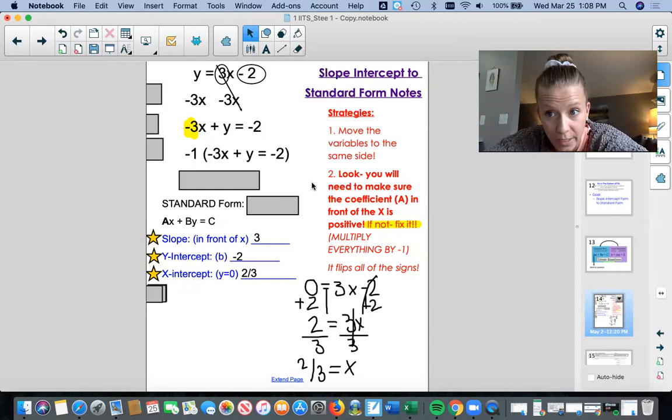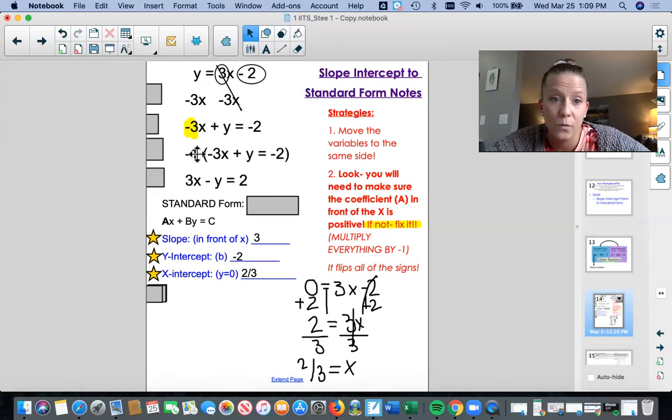Really what you're doing here, and you'll notice, is that you're flipping all of the signs. If it was positive, it's going to be negative. If it was negative, it's going to be positive. So let's look. It was negative here. A negative 1 times a negative 3 becomes a positive 3. Negative 1 times a positive 1 becomes a negative.